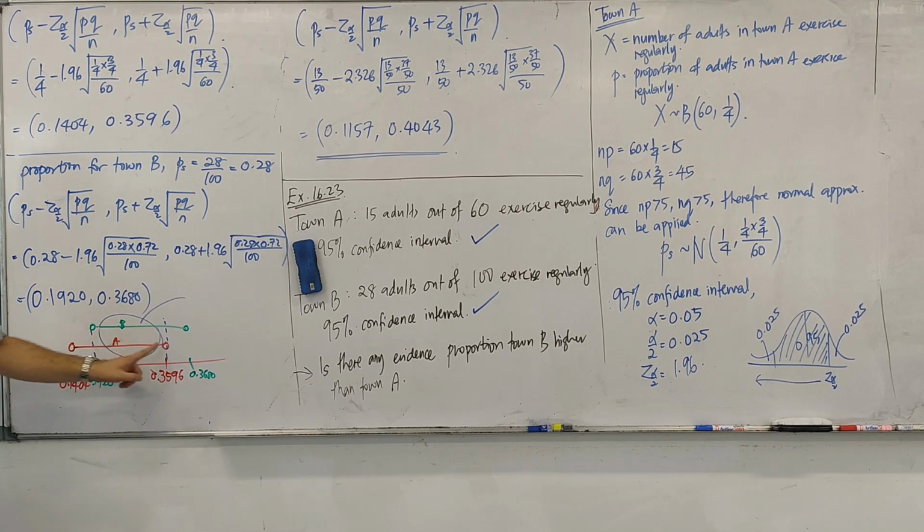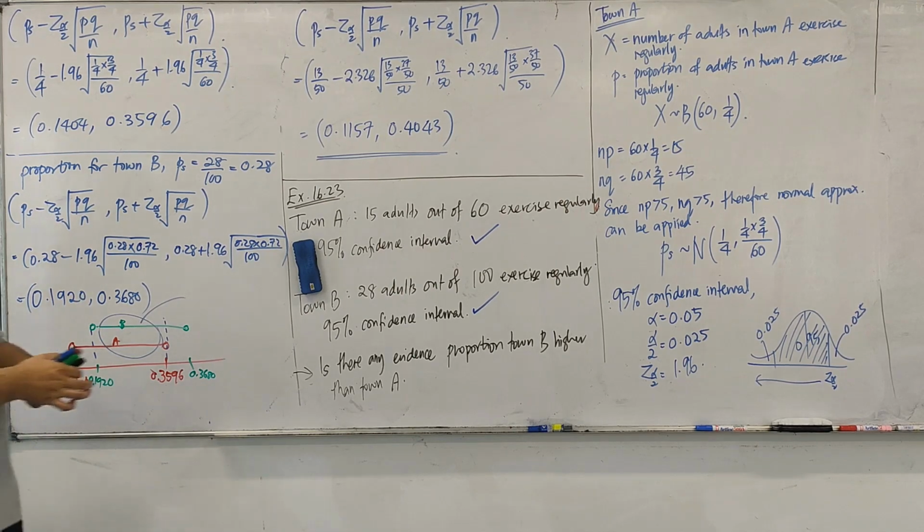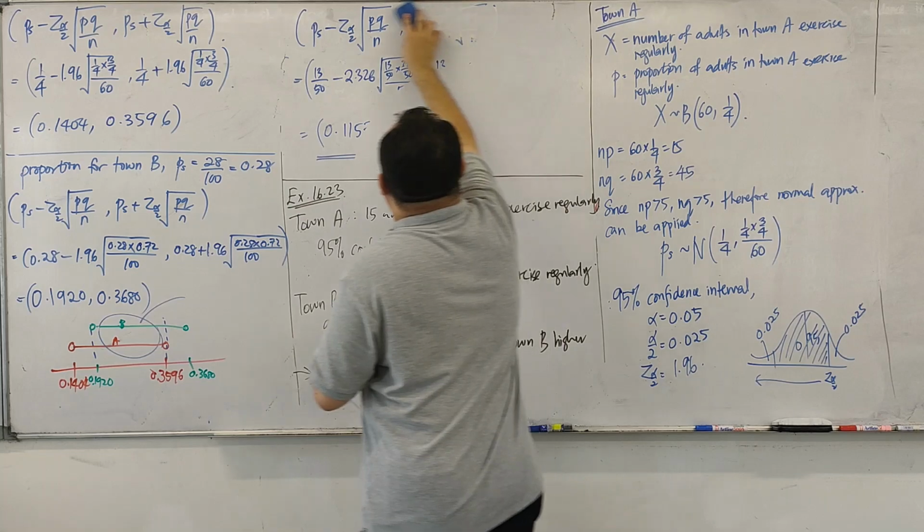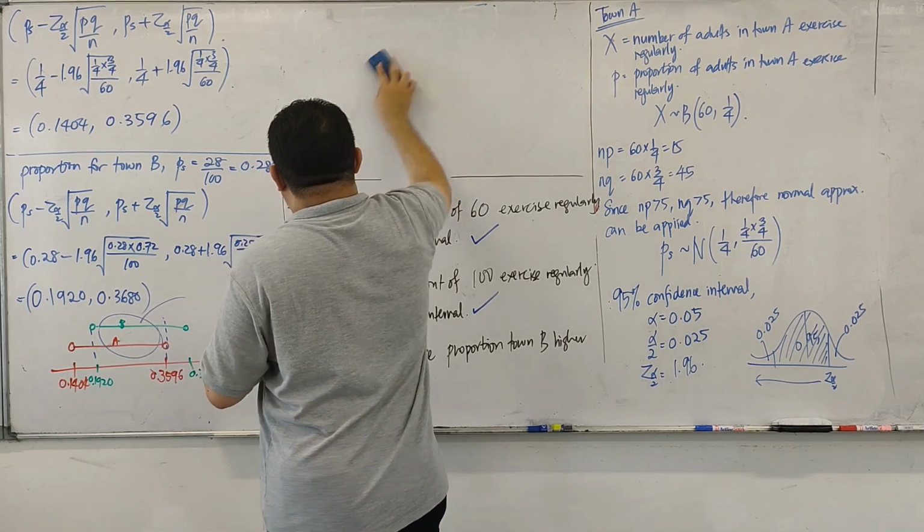So A mungkin lagi besar daripada B. So B is not completely more than A. So we cannot say that proportion of B is higher than A.